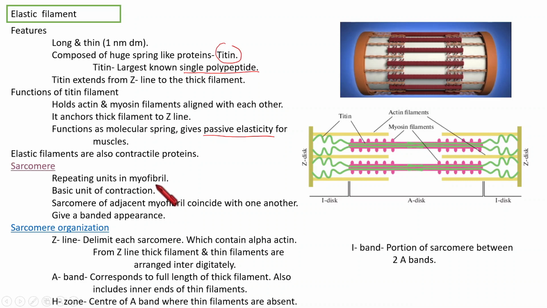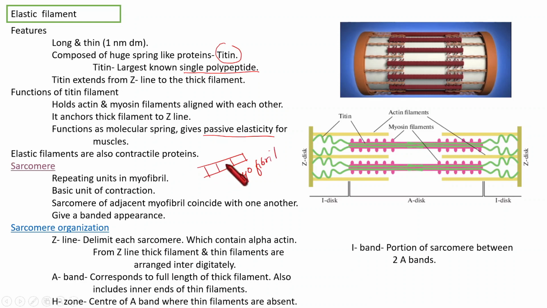We know that myofibril contains all three different types of myofilaments. So the sarcomere is the repeating unit that we can see in one myofibril.